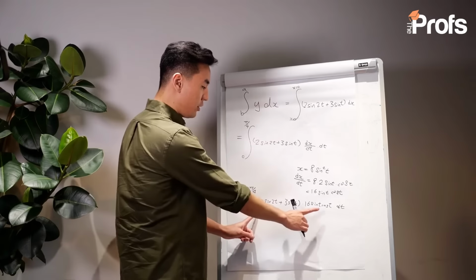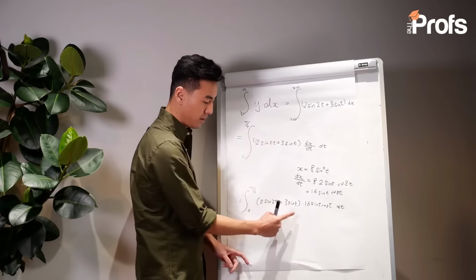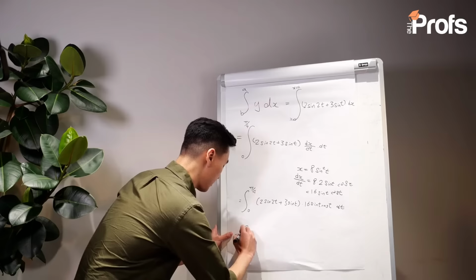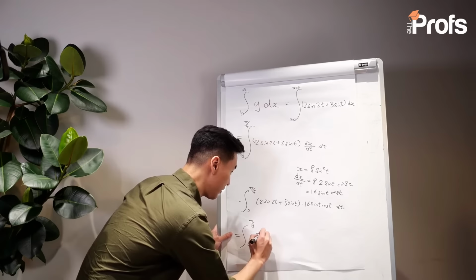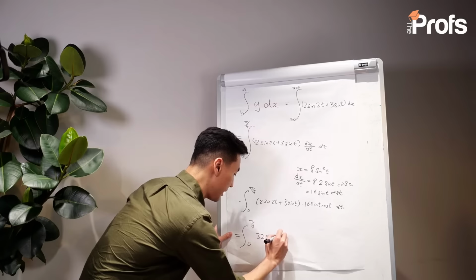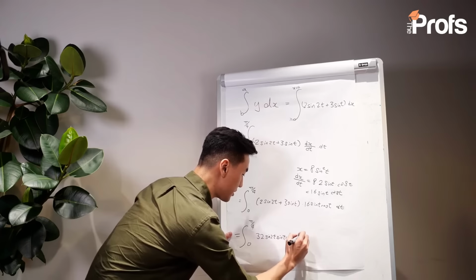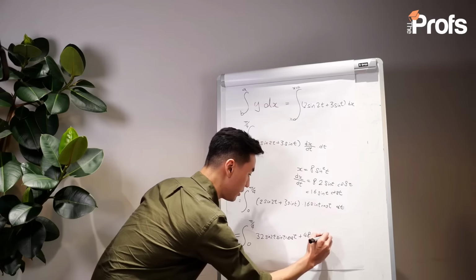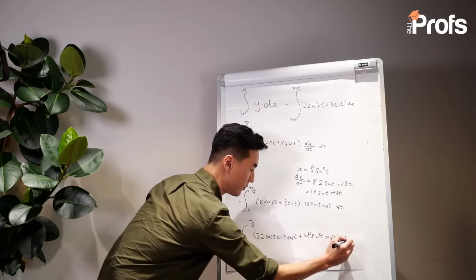The next thing we can do is simplify this by multiplying the 16 sine t cos t into this bracket here. That gives us 32 sine 2t sine t cos t plus 48 sine squared t cos t dt.